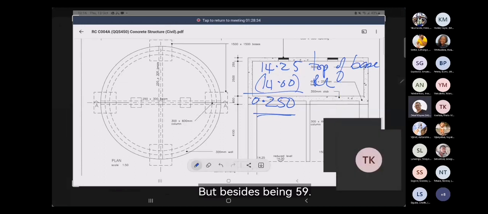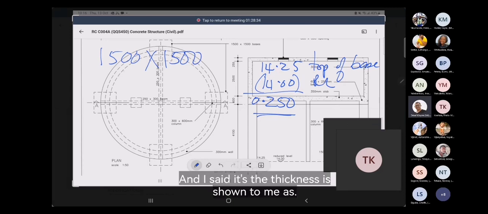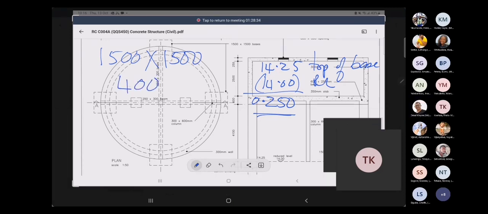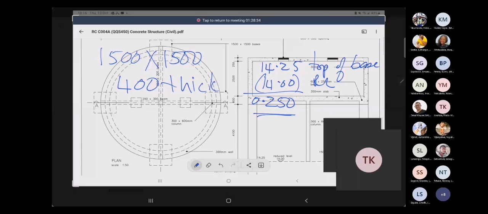My base size being 1500 by 1500, and the thickness is shown to me as 400. I'll just show that.